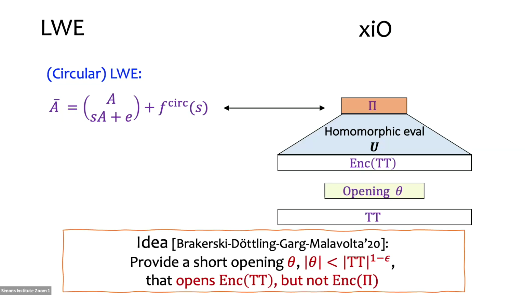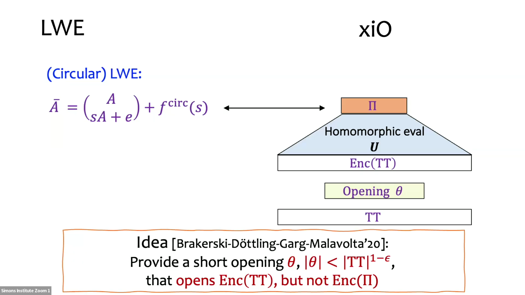And the great idea in the work proposed by Brakerski, Döttling, Garg, and Malavolta is: what if I can have a very succinct and short opening that allows me to break open the output encoding to reveal the truth table in the clear, but this opening is tailored to the output encoding and does not completely break the original encoding of program pi.